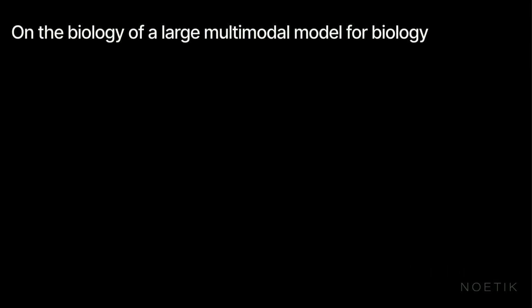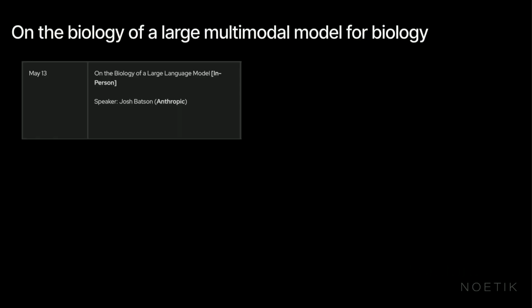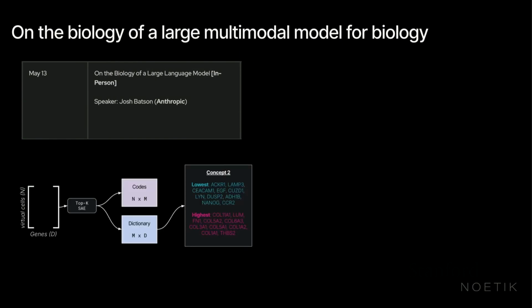So in summary, I had one more slide. I noticed last week was on the biology of a large language model, which is a paper I really liked. So I have a tongue-in-cheek slide on the biology of a large multimodal model for biology, which is just a little teaser. I don't have a ton of time to get into it. But we've been doing some interpretability research on these models to try to understand what they have learned about the patient biology.